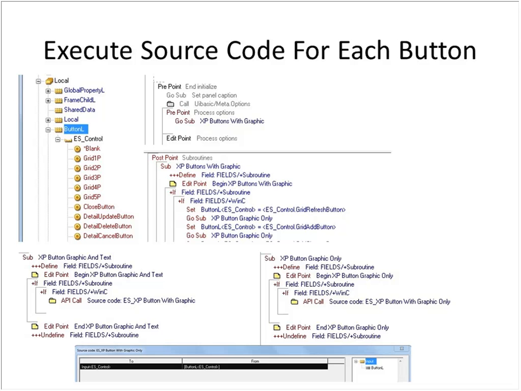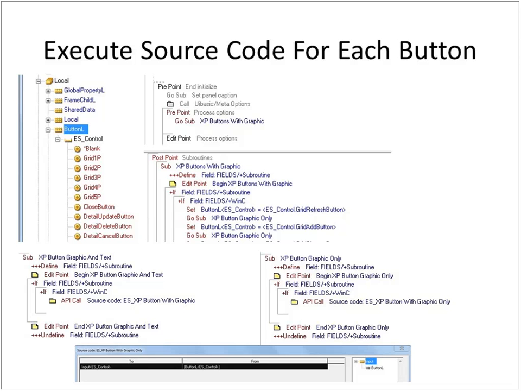Then at the end of initialization, you're going to execute a subroutine. In my case, it was called XP buttons with a graphic. Within that subroutine, just below it, it does a check of a meta variable and says, is this WinC?